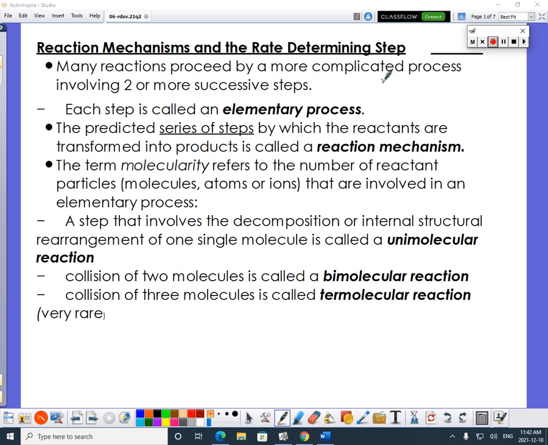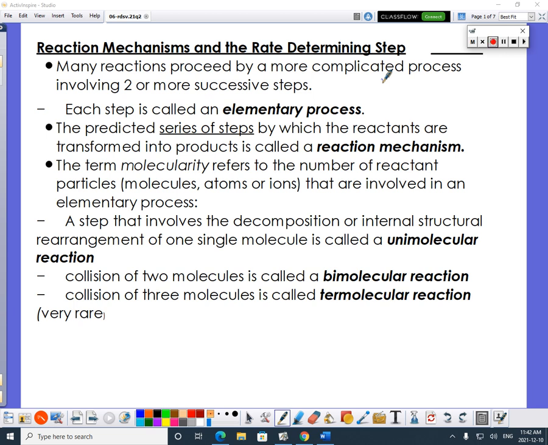Basically it means that a reaction is a complicated process that occurs in more than one step. Similar to a Hess's law question, where you had more than one step to get a target reaction, that overall system of equations is called a mechanism.